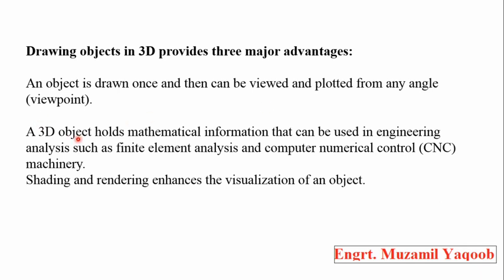Then, a 3D object holds mathematical information that can be used in engineering analysis, I mean structural analysis for steel designing, such as finite element analysis and computer numerical control, in short CNC. And the last one is shading and rendering, enhancing the visualization of an object. So these are the 3 main advantages of 3D.